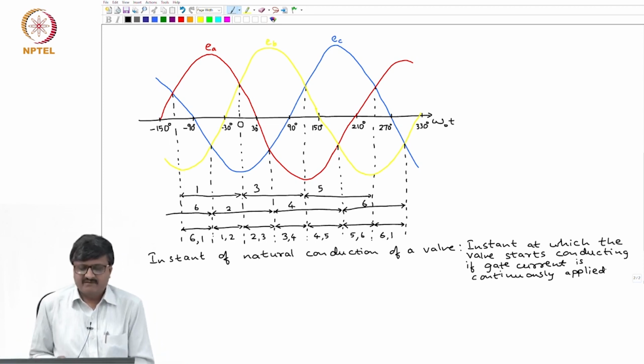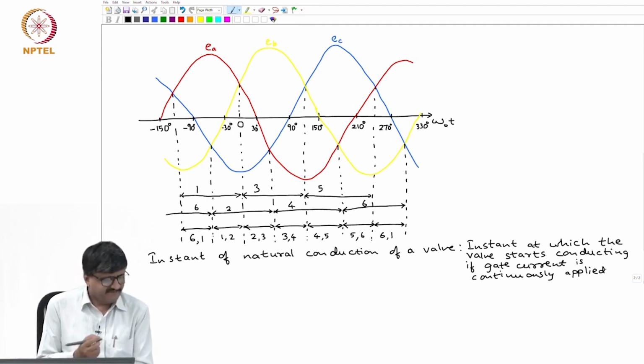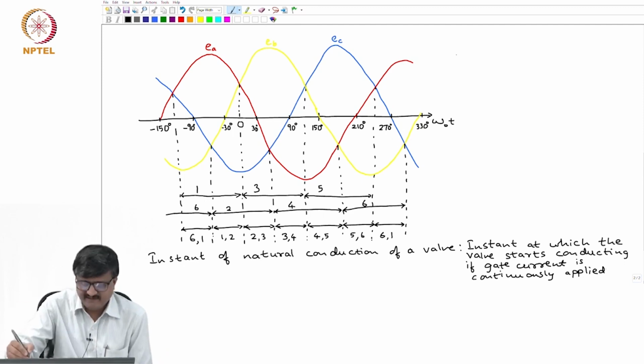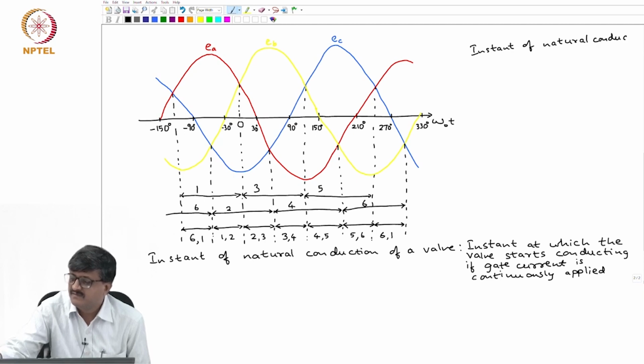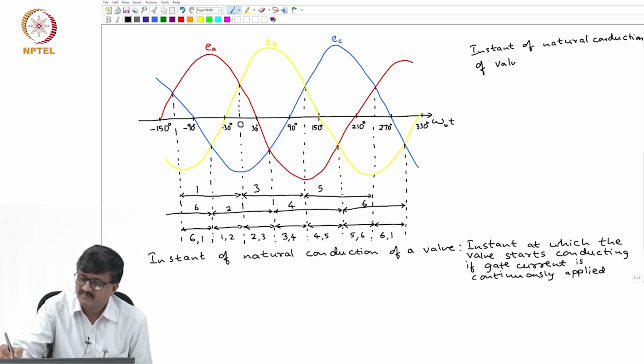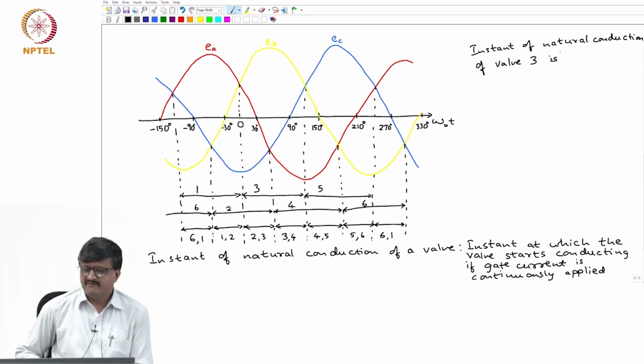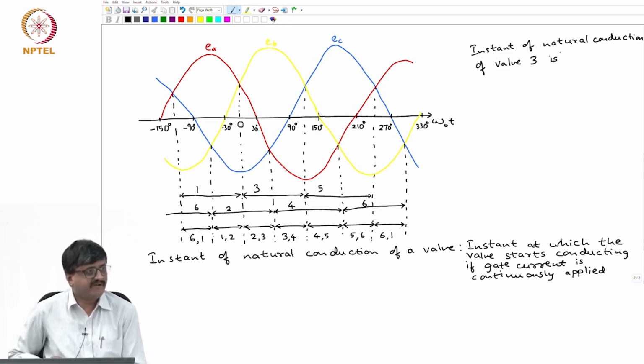Okay. Let us say for one of the valves, what is the instant of natural conduction? Suppose I take the instant of natural conduction of, say, valve 3. See, the independent variable is normally the angle omega_o t.